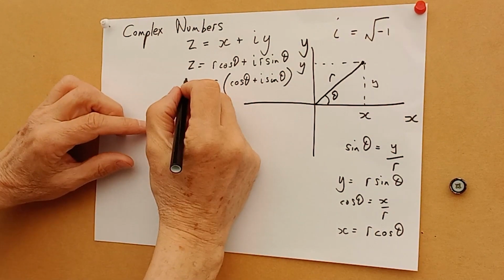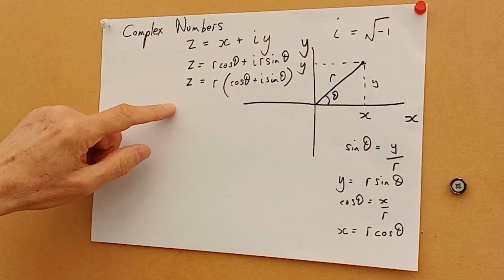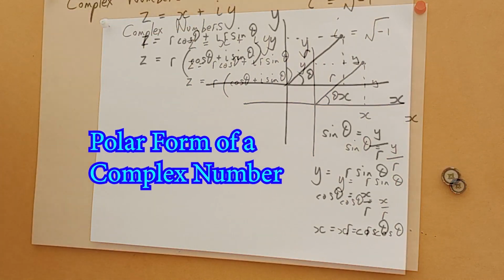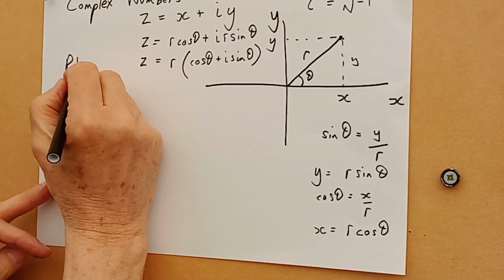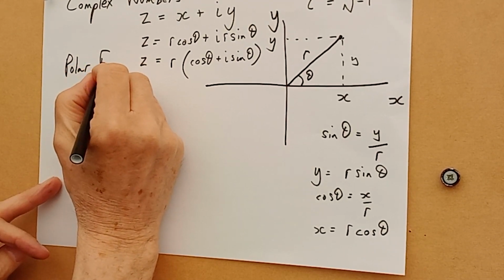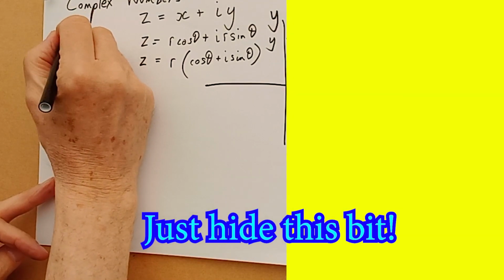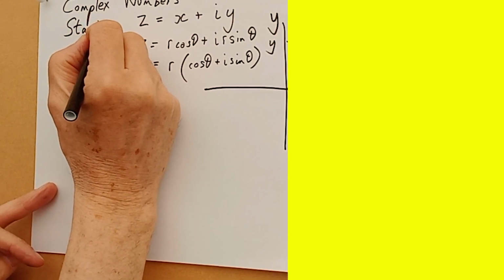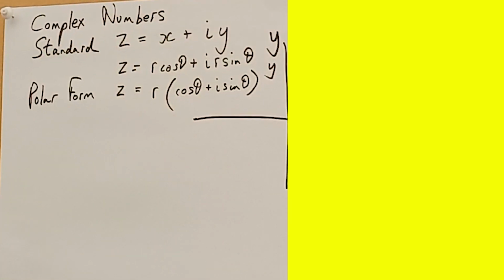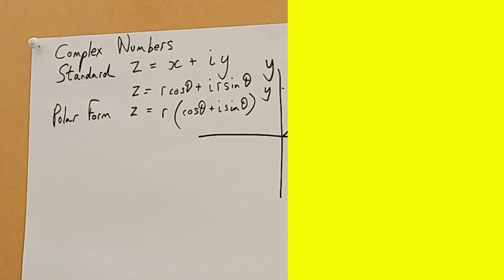And this is called the polar form of the complex number. So we'll write here polar form, and this one here is the standard form. So that's two so far.